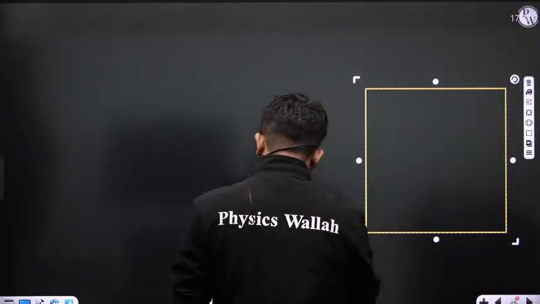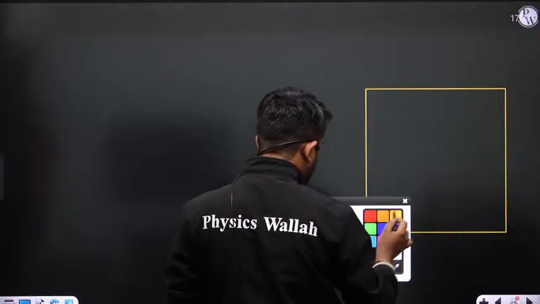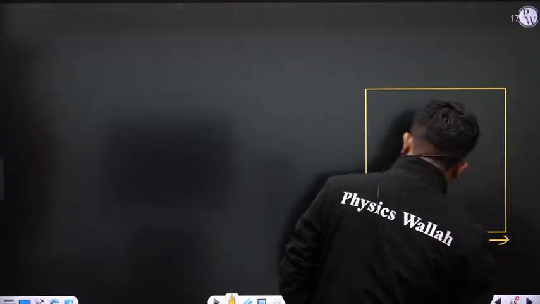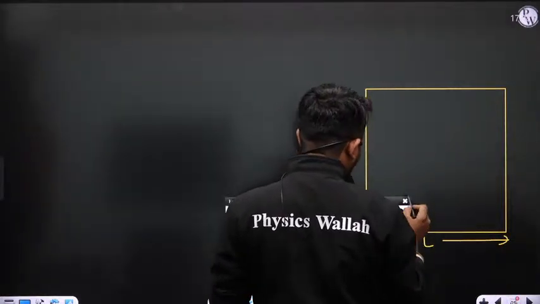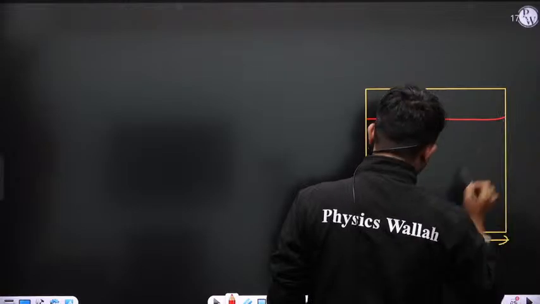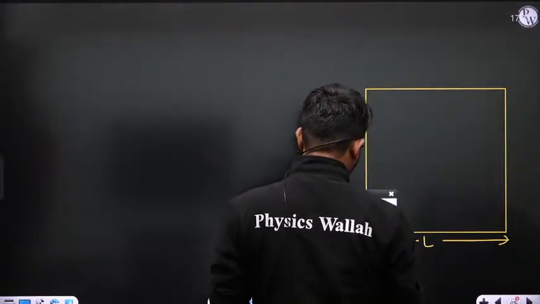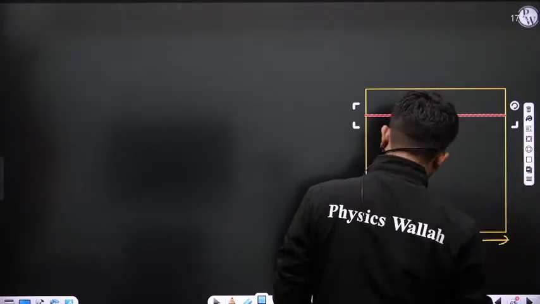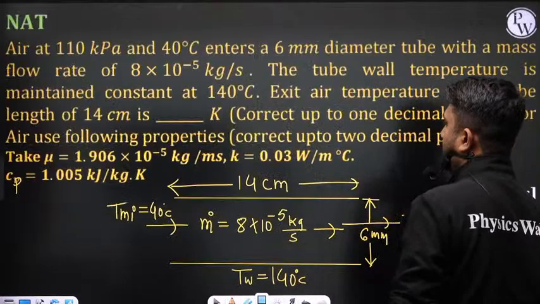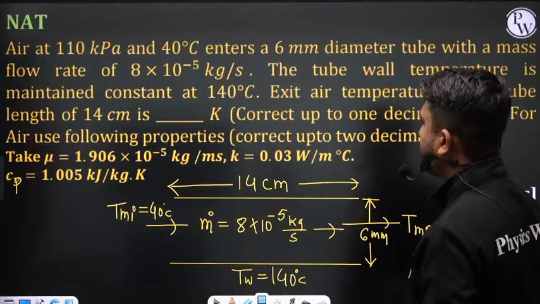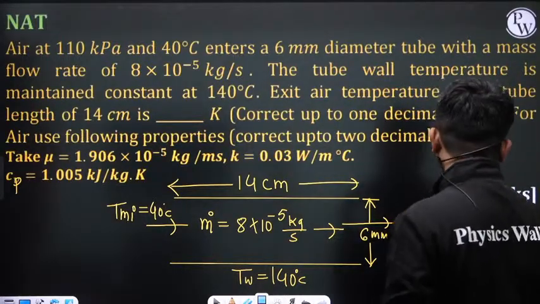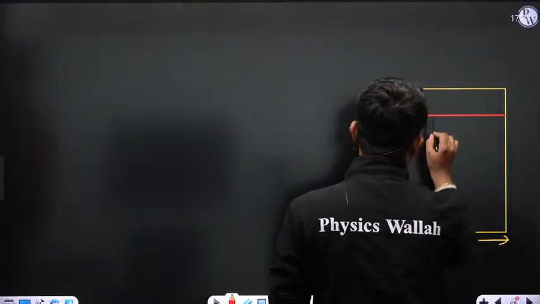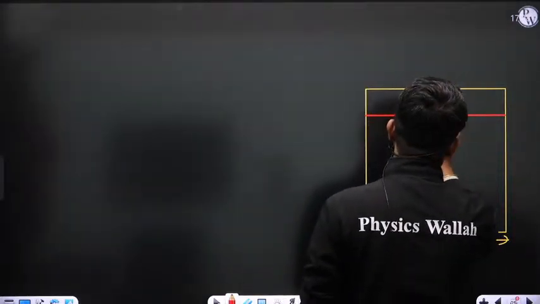This is the length of the pipe L. The wall temperature is constant, and the wall temperature is 140 degrees Celsius.